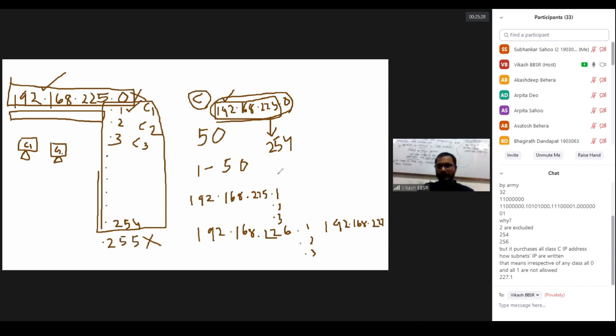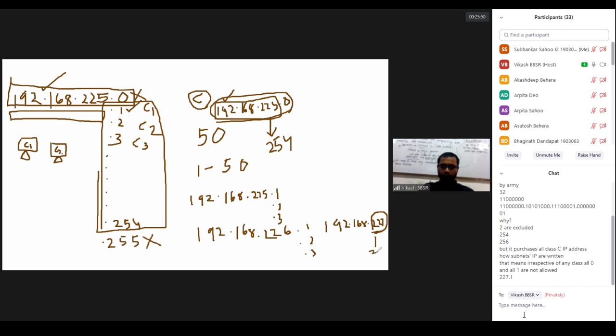This is class C, and class B and class A are there. Class A is for very big organizations; for a very big organization it is required. Are you getting it? So this will change to 227, next to 228.